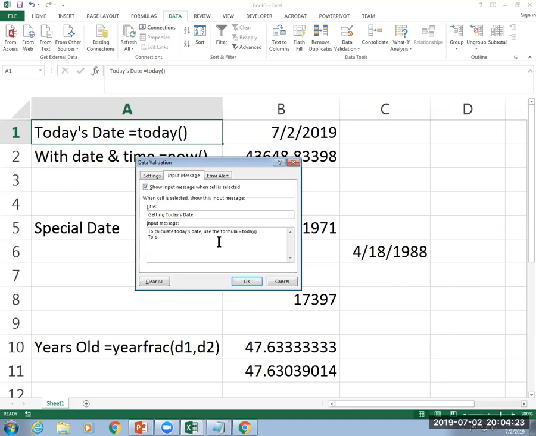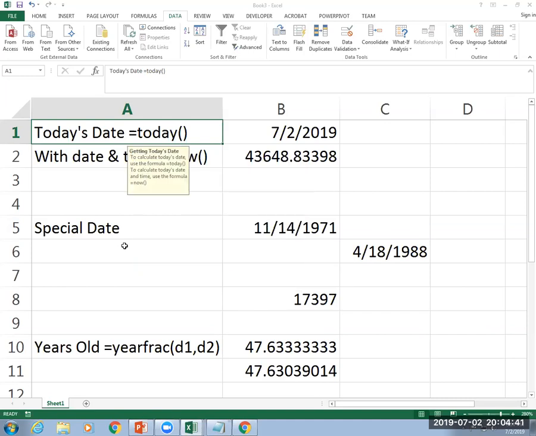To calculate today's date and time, use the formula equals NOW. Something like that. And what that's going to do is when I get into A1, I get this little pop-up message.